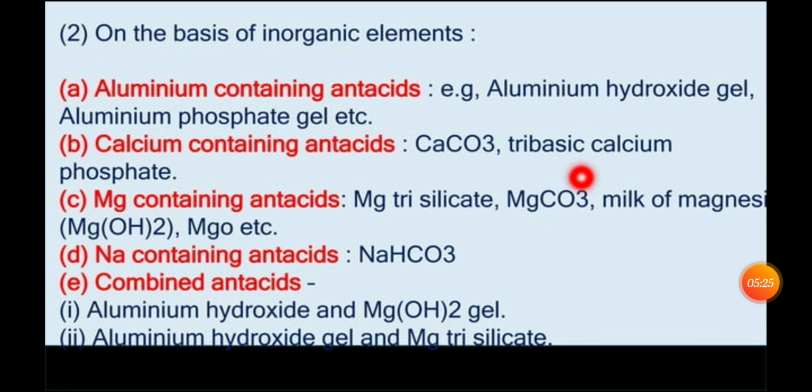Calcium is calcium carbonate. Magnesium containing is magnesium carbonate. Sodium containing is sodium carbonate. Then combined antacid: aluminum hydroxide and magnesium hydroxide gel, and lastly aluminum hydroxide gel and magnesium trisilicate. So these are the classifications of the antacid.